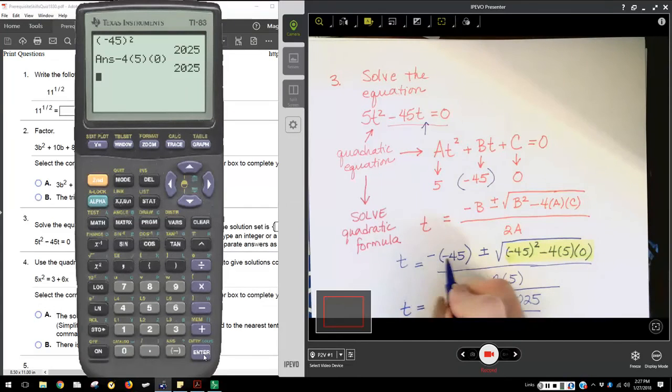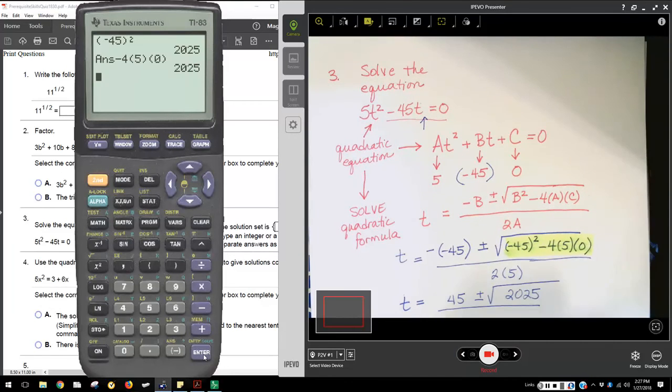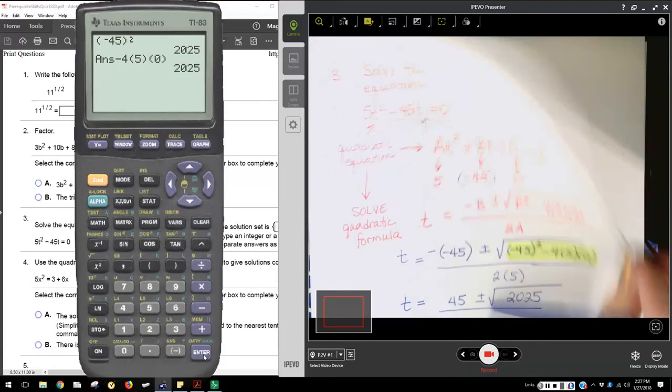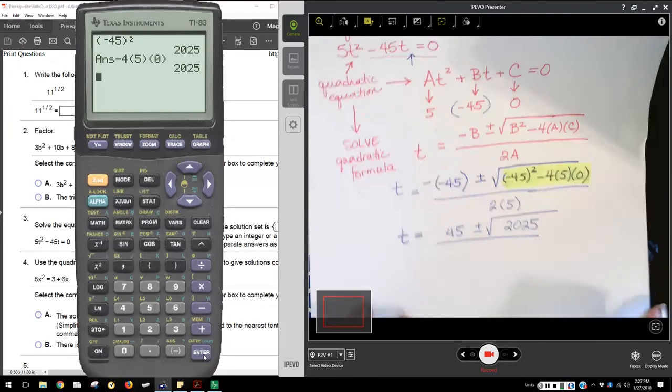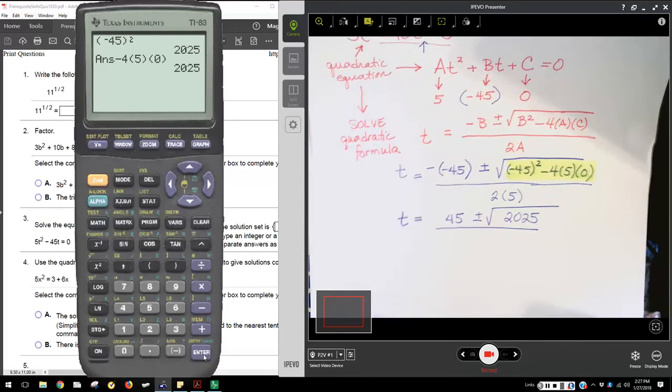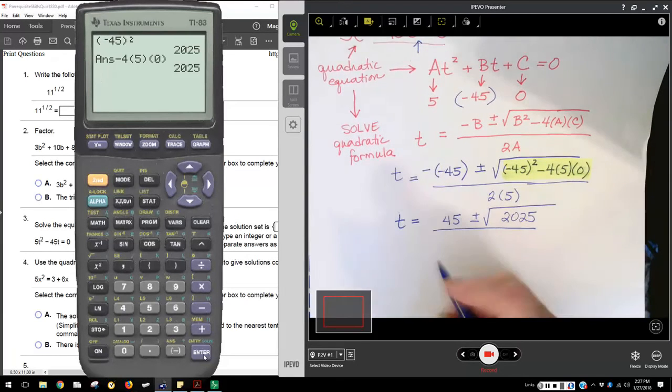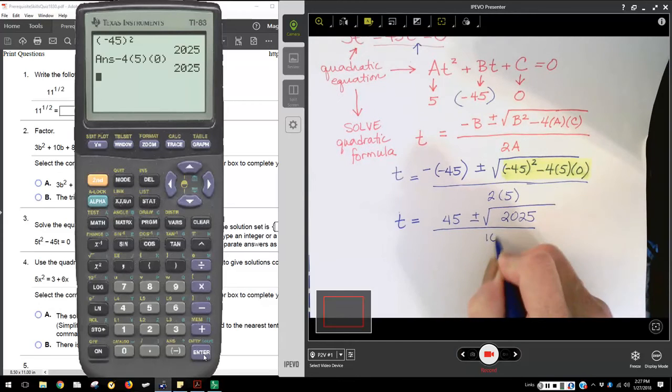And the opposite of negative 45 is positive 45. Slide this up a little bit. And then 2 times 5 is going to be 10.